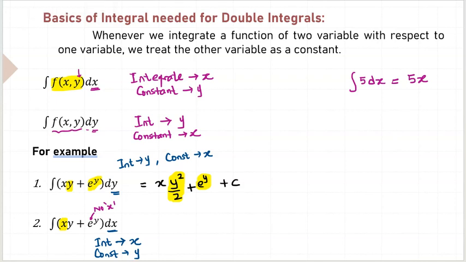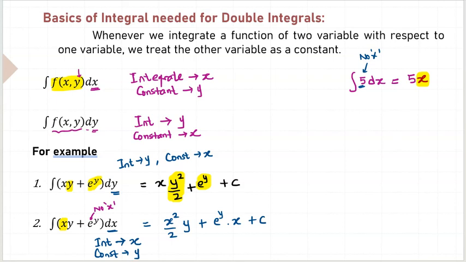In 5 there is no x, so you multiplied with x. The same thing you are going to do here. The integral of x is x power 2 over 2, y we keep the same, plus e power y is a constant, multiplied with x, and then the constant of integration c.